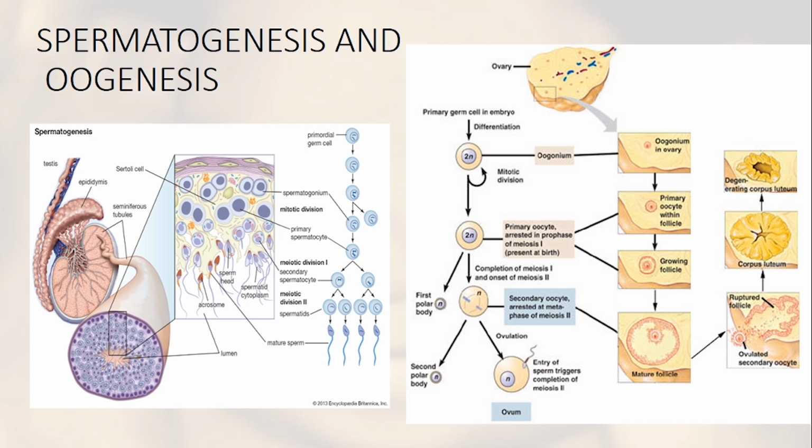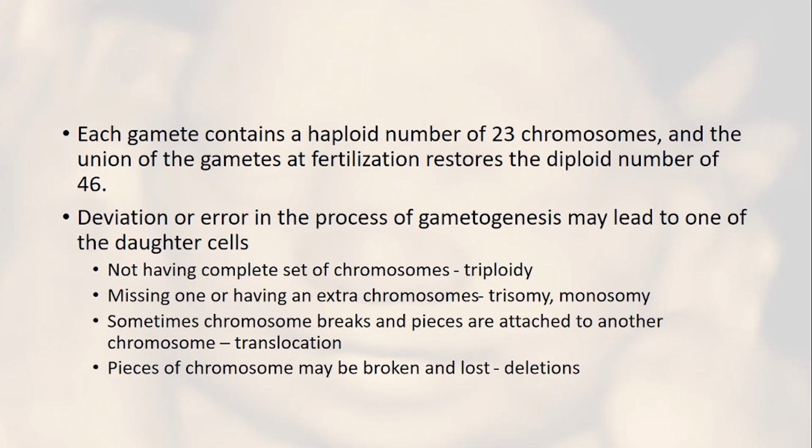This also shows the process that goes on in oogenesis for the female. Each gamete, like I said, contains the haploid number of 23 chromosomes, and the union of the gametes at fertilization restores the diploid number of chromosomes, that's 46.